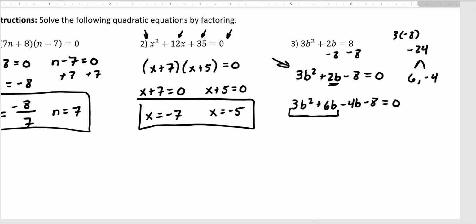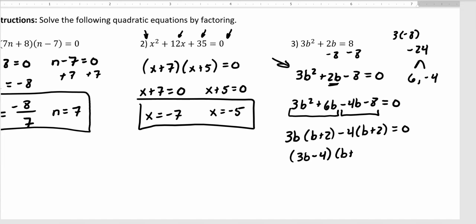Factor this by grouping. I can take out a 3b, leaving b plus 2. I can take out a negative 4 to leave me with b plus 2. That tells me that 3b minus 4 times b plus 2 must equal 0. Now that I have my factors, I set both of them equal to 0.